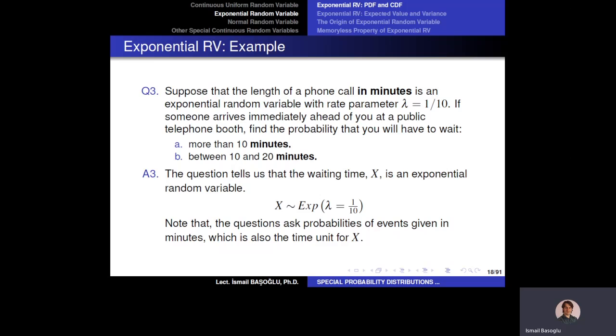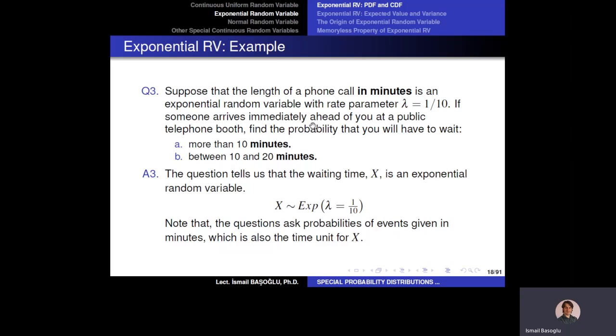So we are going to solve a few more questions about it and you are going to understand it better. So it is measuring the length of a phone call, and the unit of this time duration is in minutes. And the rate parameter is equal to lambda 1 over 10. Okay. And in Poisson distribution, we also call the lambda rate parameter. So we are going to explain the relationship between exponential and the Poisson random variable later on.